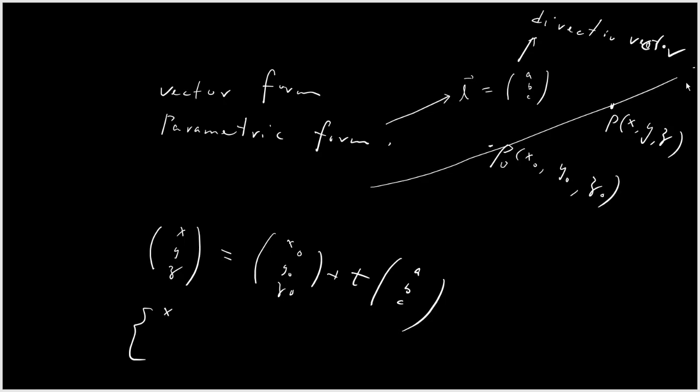Don't worry, everything is going to be very clear very soon. You compare the corresponding components. X equals x0 plus at, y equals y0 plus bt, and z equals z0 plus ct.